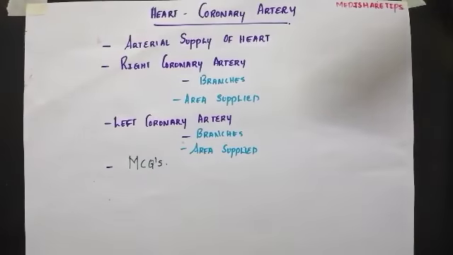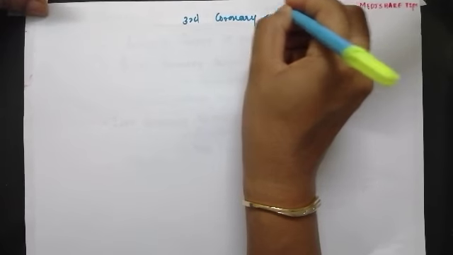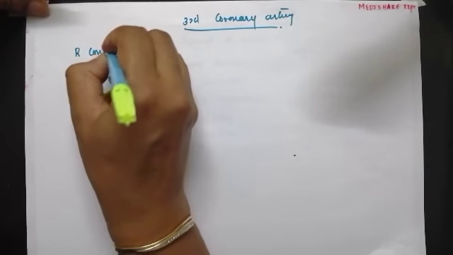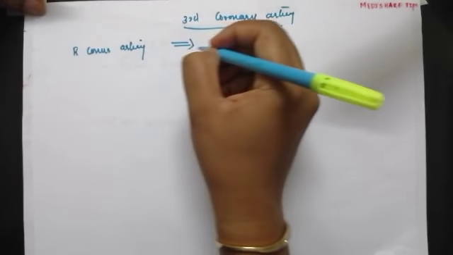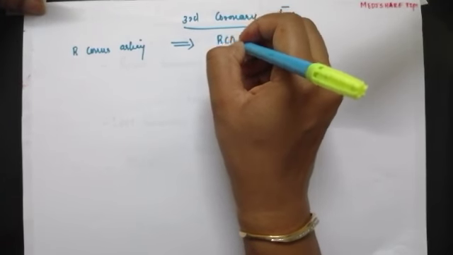And two points to be mentioned here. What is the third coronary artery? We know that the right conus artery normally arises as a branch of the right coronary artery.